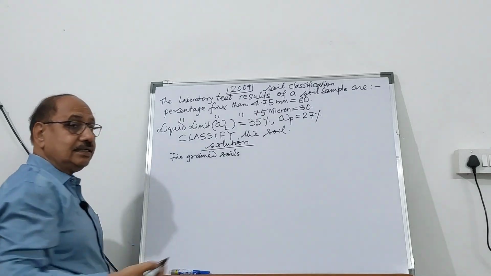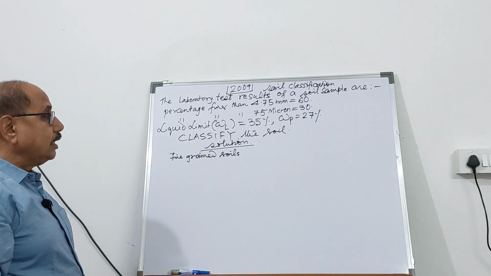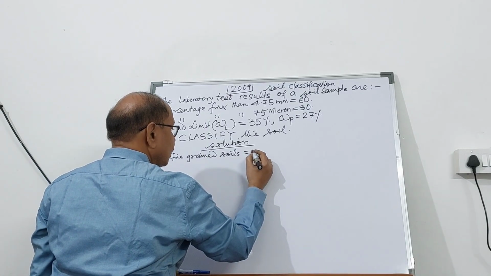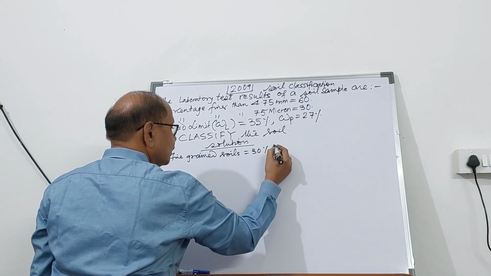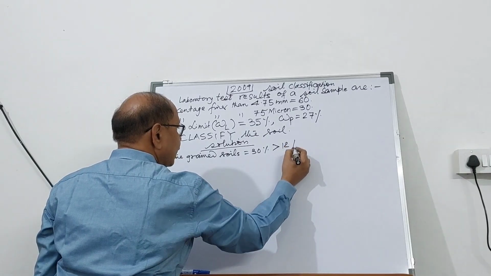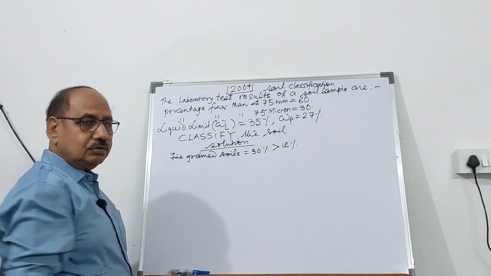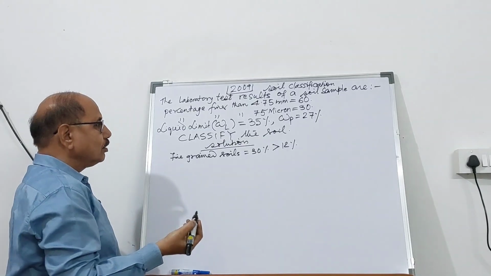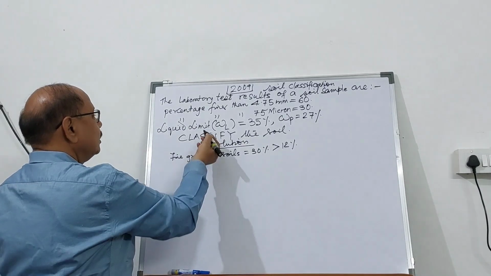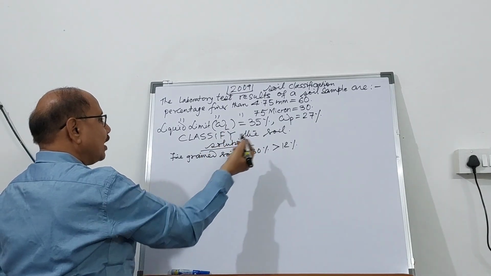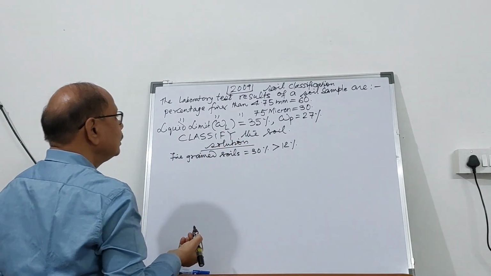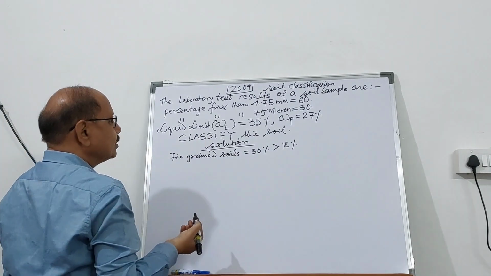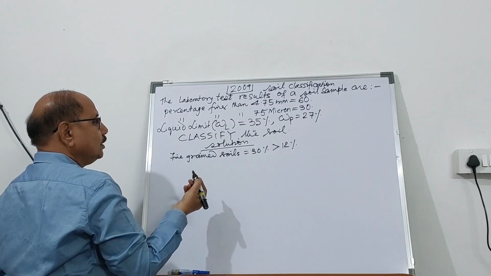Fine grained soils are silt and clay, you know it, and the passing through 75 micron equal to 30% is more than 12%. So you should carry out the liquid limit, plastic limit, etc. All the tests you should carry out. So here liquid limit is given, plastic limit is given to you. So how will you classify this particular soil?